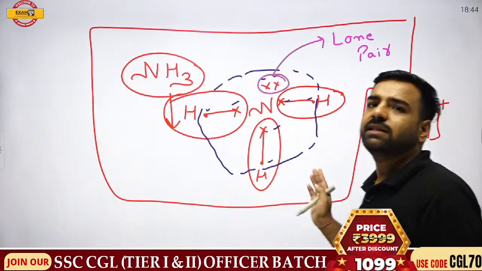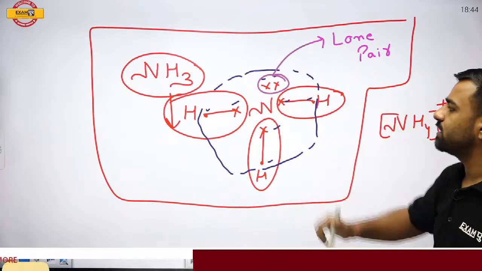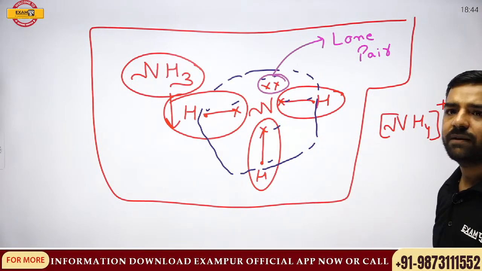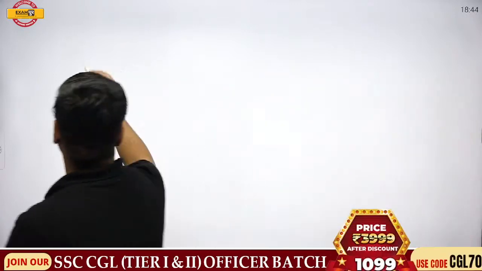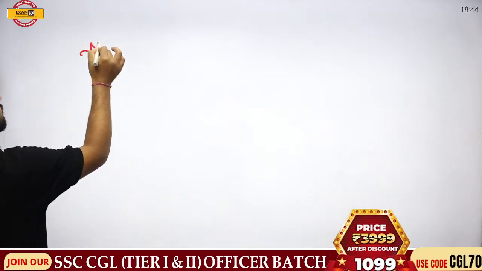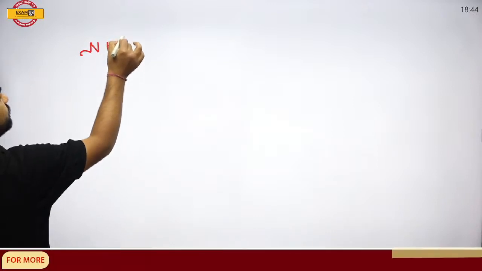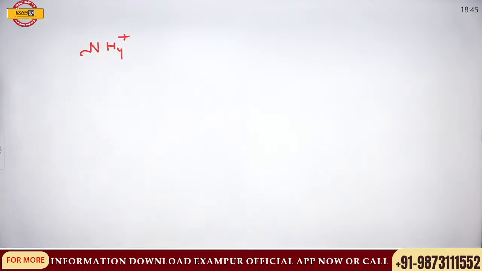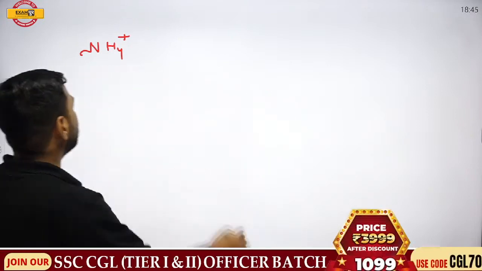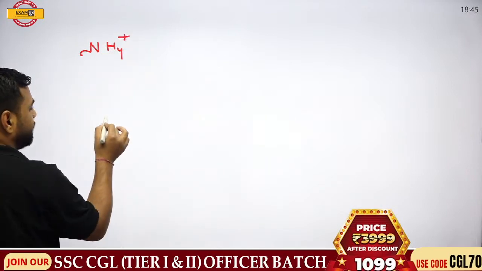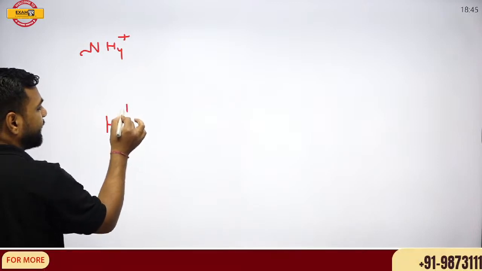Now I have to explain this ammonium part, but before this, I want the structure of NH3. Is it clear with everyone? If it is clear, then I'll go with this NH4 plus. Let's try to understand this now. First, let's understand this positive sign. What if I write H plus?